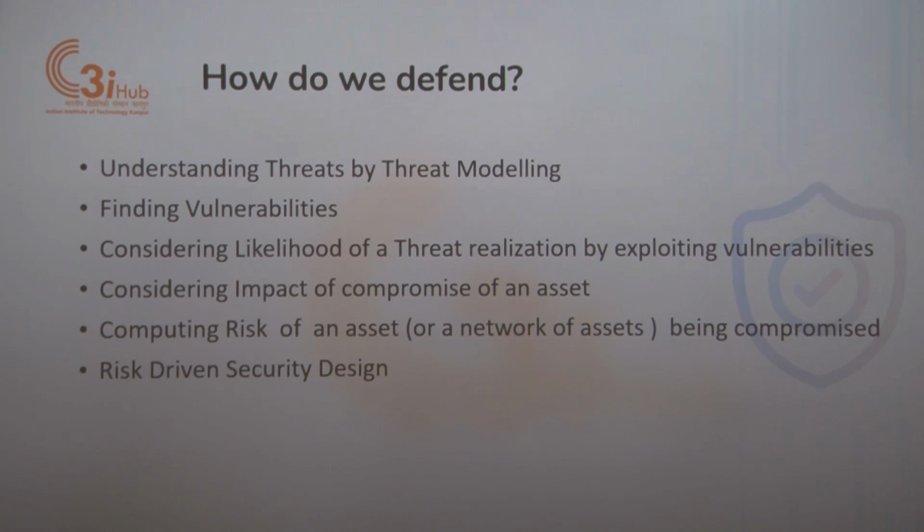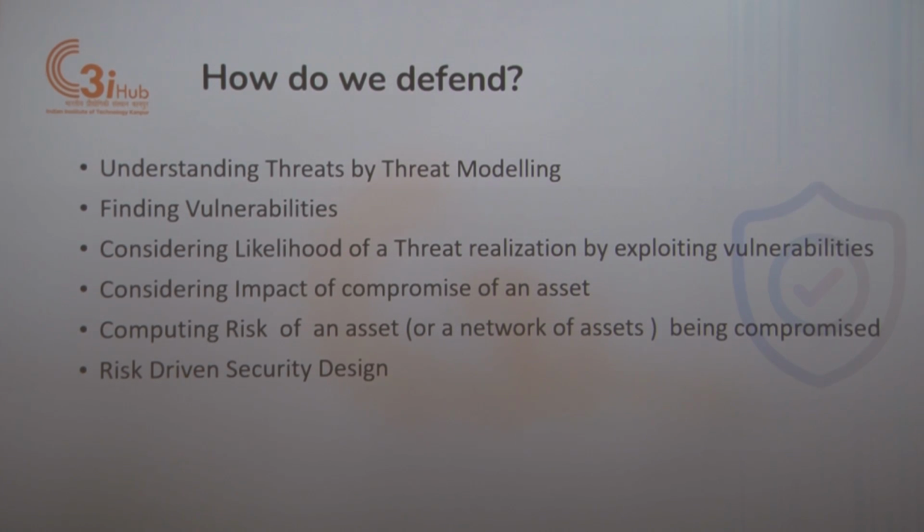But if you do not have any vulnerability, which usually is not the case, you usually have some vulnerability somewhere, but if you do not have vulnerability, then your probability of that threat being realized is 0, right? But usually we will have some vulnerability, and if you have multiple vulnerabilities, and that threat can be realized through any of these vulnerabilities, so the probabilities will add up, right?